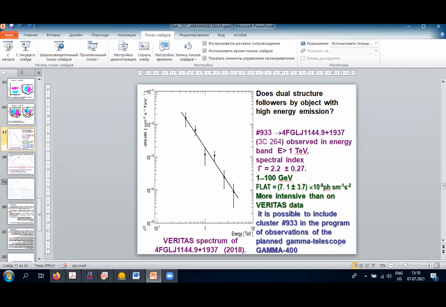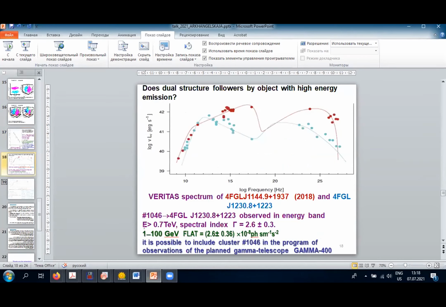Because when we analyzed Fermi catalogs, we found association of cluster number 1933 with one of the sources, and we found association of cluster 1046 with other objects. All of these objects were observed in the sub-TeV region by VERITAS.